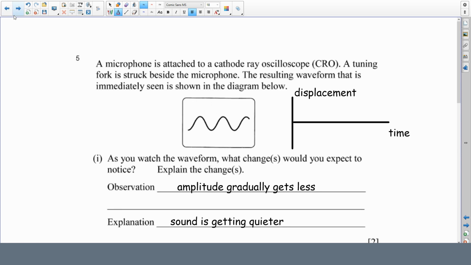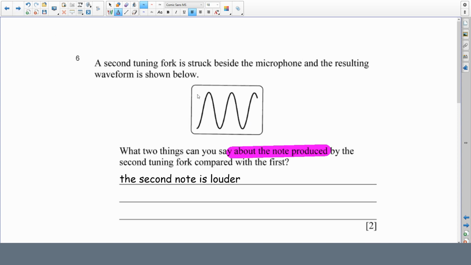The pitch is related to the frequency. So that would be how many waves I have in a given time. So in this one, let's go crest to crest. We've got 1, 2, 3 crests and 2 troughs in this one. What have we got here? We've got 1, 2, 3 crests and 2 troughs. Coincidence? I think not.